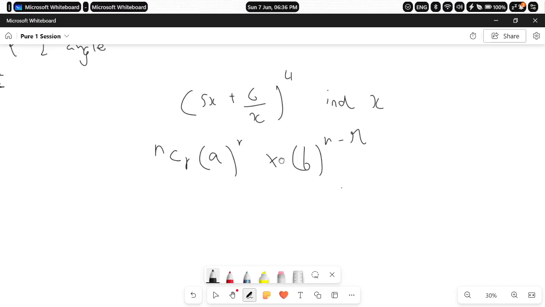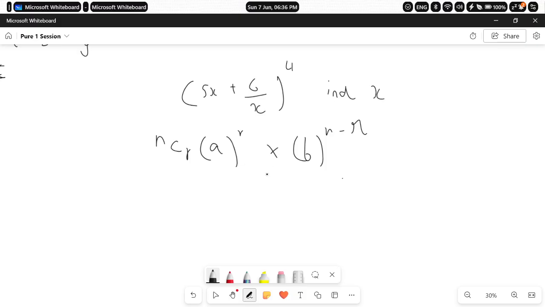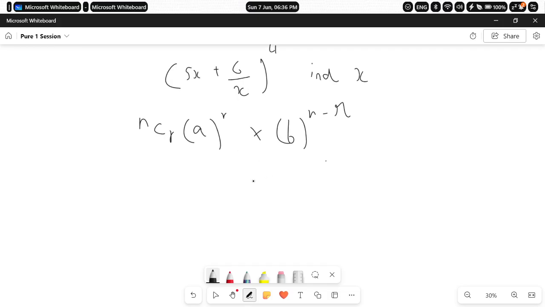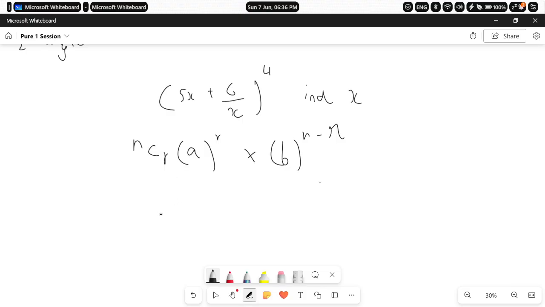But for more complex questions, you basically make an equation. So you can ignore these coefficients because they don't really matter. You're just looking at the term which is independent of x. So you can say that x raised to r times x raised to minus, let me write it as 1 over x, and n is 4, so 4 minus r is basically x raised to 0.